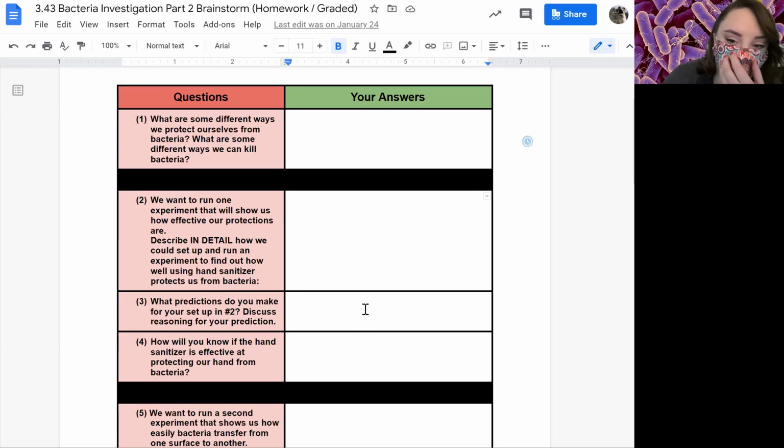What predictions would you make for that setup? What do we assume is going to happen? What are our predictions about what would happen in that setup?